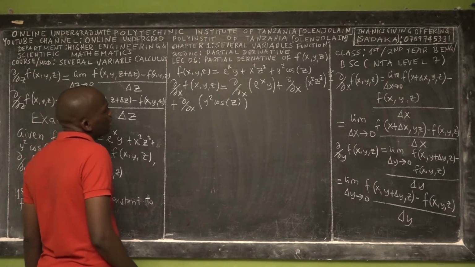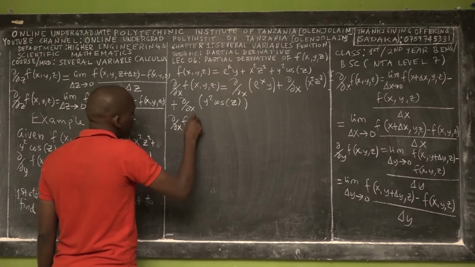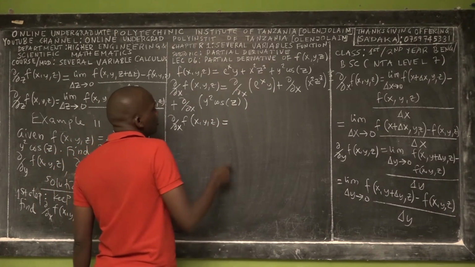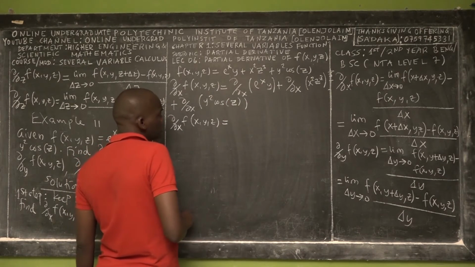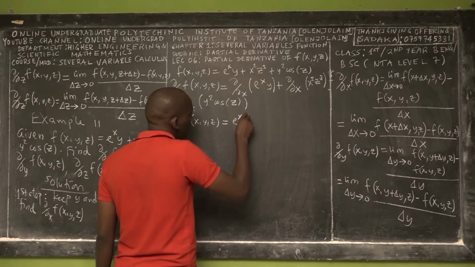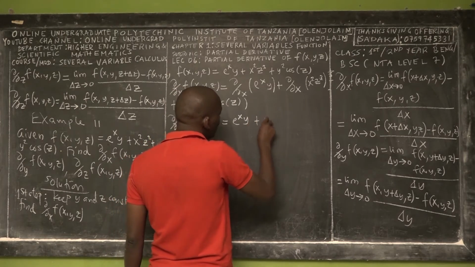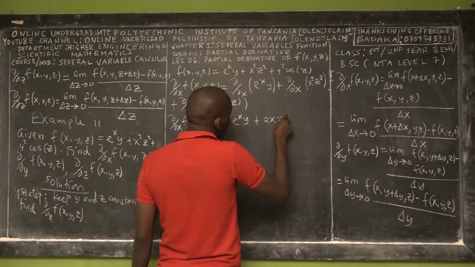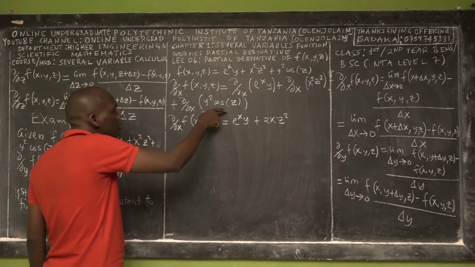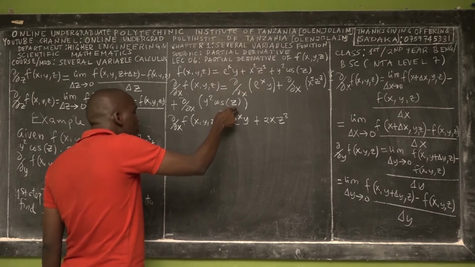So the partial derivative d/dx of f of x, y, z equals: we differentiate e to the power xy with respect to x and get y e to the power xy, plus here we have 2x and z cubed, because z is kept constant. For y squared cosine of z, we don't have any x variable, since y and z are kept constant, so this is a constant.